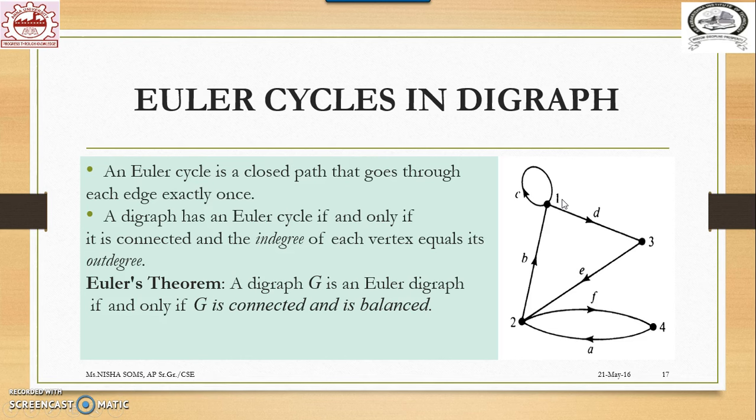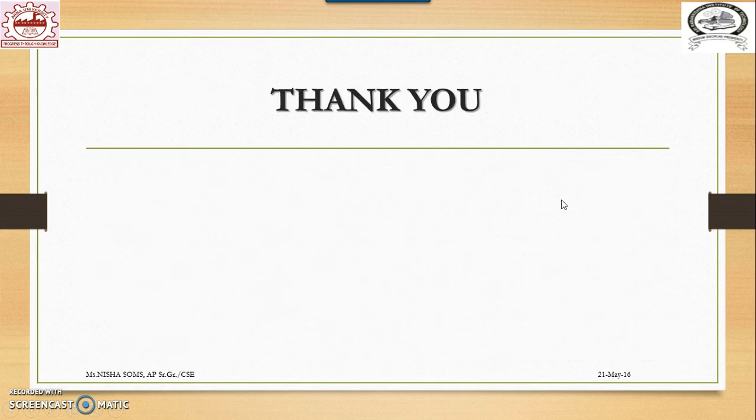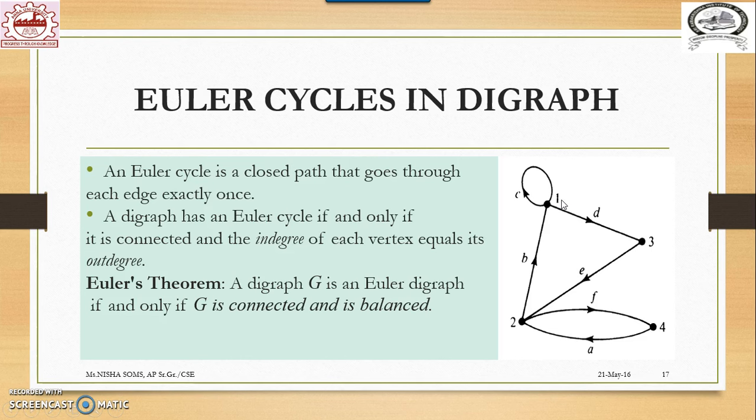A digraph has an Euler cycle if and only if it is connected, and the in-degree of each vertex equals its out-degree. Euler's theorem is stated as follows: a digraph G is an Euler digraph if and only if G is connected and is balanced.